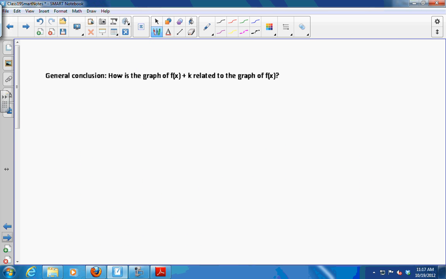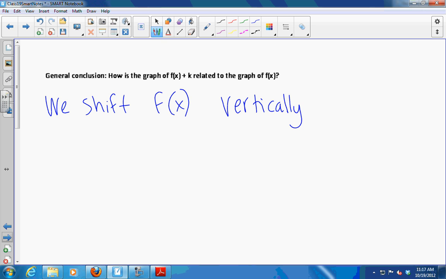Okay, so in general, how do you think the graph of f of x plus some number is related to the graph of f of x? Yeah. We shift f of x vertically by k units.